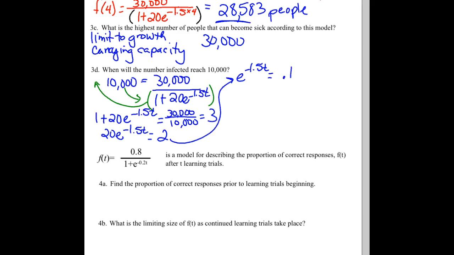Can we take the natural log of both sides? So we have negative 1.5t equaling the natural log of 0.1. Let's find the natural log of 0.1, and then we need to take that and divide by negative 1.5.